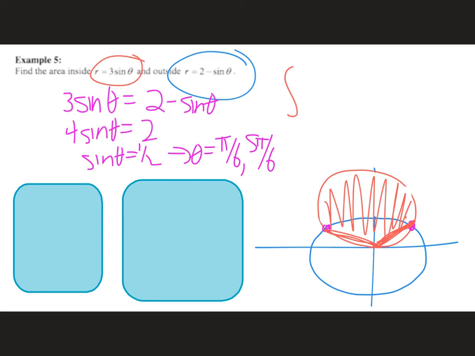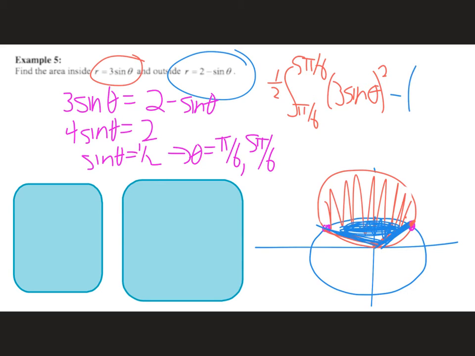So if I integrate from pi over 6 to 5 pi over 6, 1/2 of 3 sine theta squared, I would get that. And if I were to integrate the blue one from pi over 6 to 5 pi over 6, that's going to get me this region. So if I just subtract that off, 2 minus sine theta squared d theta, that'll get me the answer.